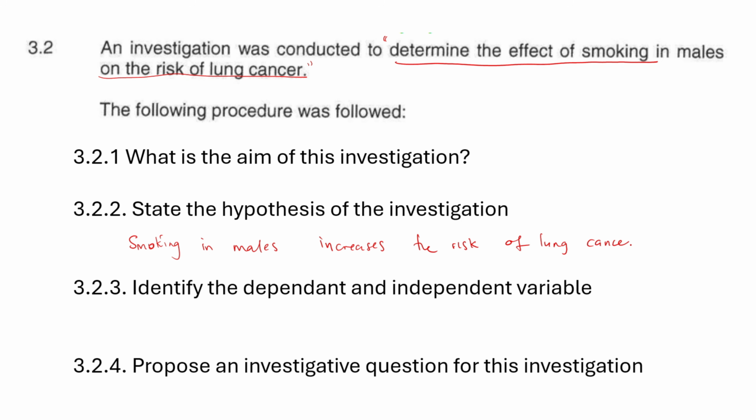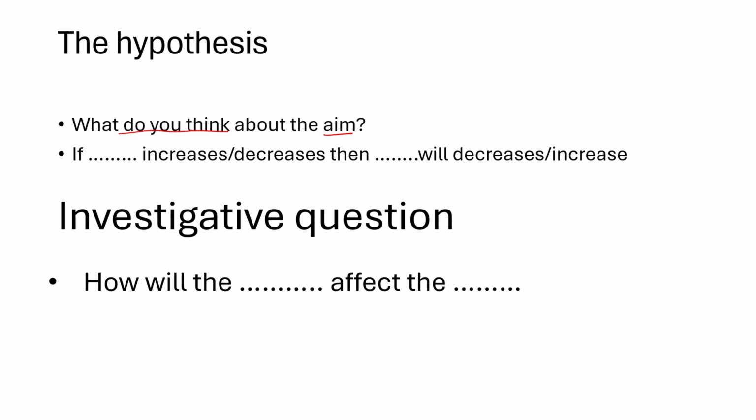So a hypothesis is just what you think about the aim of the investigation. Remember that the aim is that statement that says to determine the effect of something on something. But the hypothesis is what you think about the aim. So that's how you identify a hypothesis.